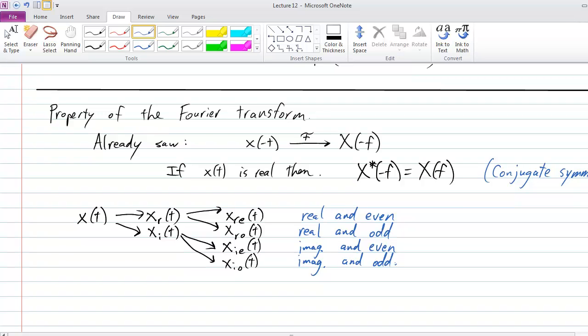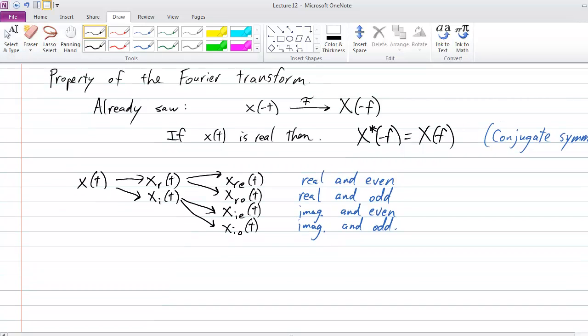Now, what you did in problem set 3 was you showed that the Fourier transform of a real and even function is real and even.